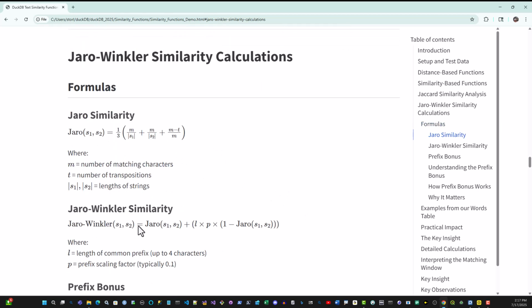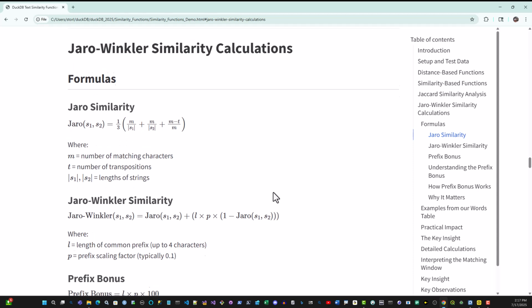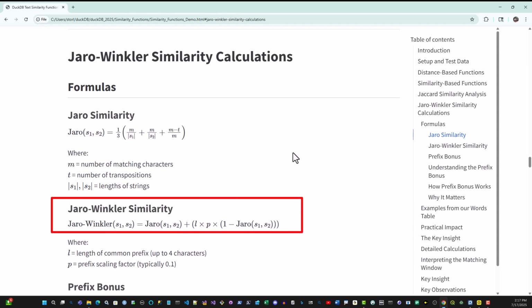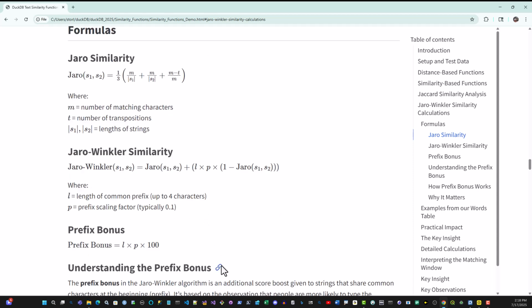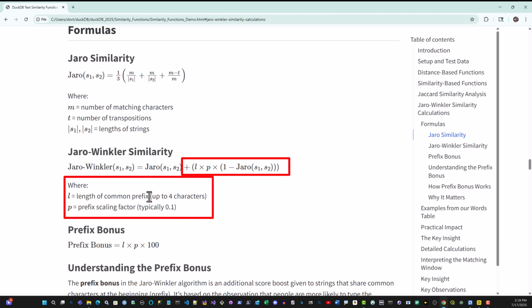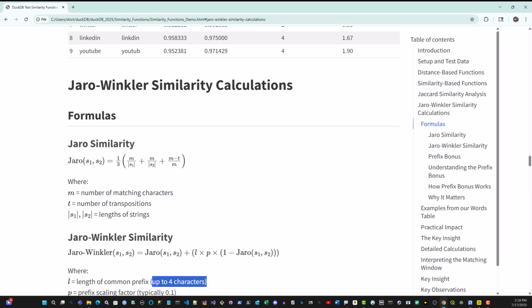That's the formula. So as you can see here, the Jaro-Winkler similarity function is an extension of this Jaro similarity function. You first have to compute the Jaro function. You can see it down here, this piece. And then after that, you're going to add this portion of it. So L stands for the length of common prefix up to 4 characters. And that's why I use the substring.